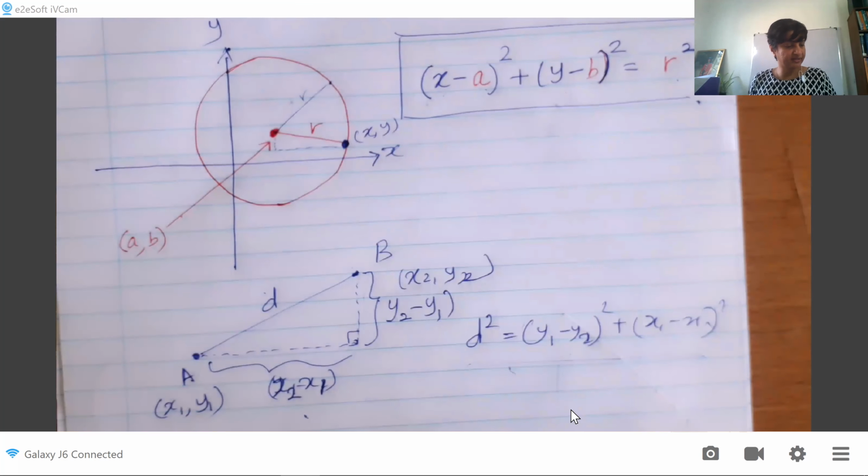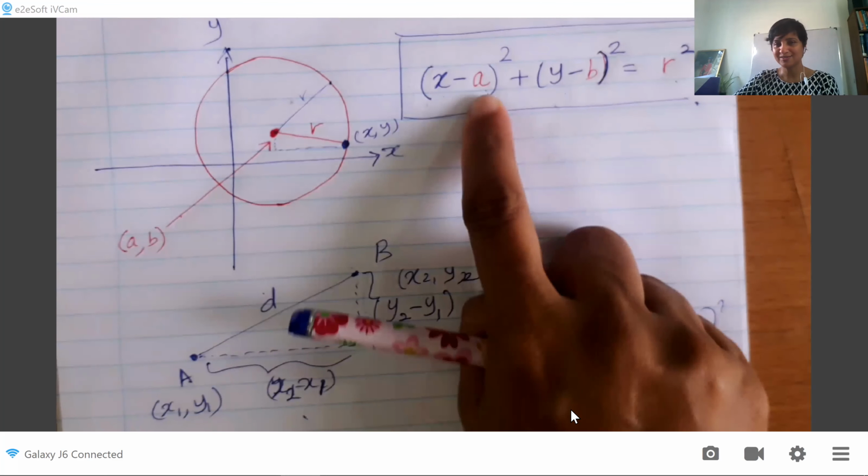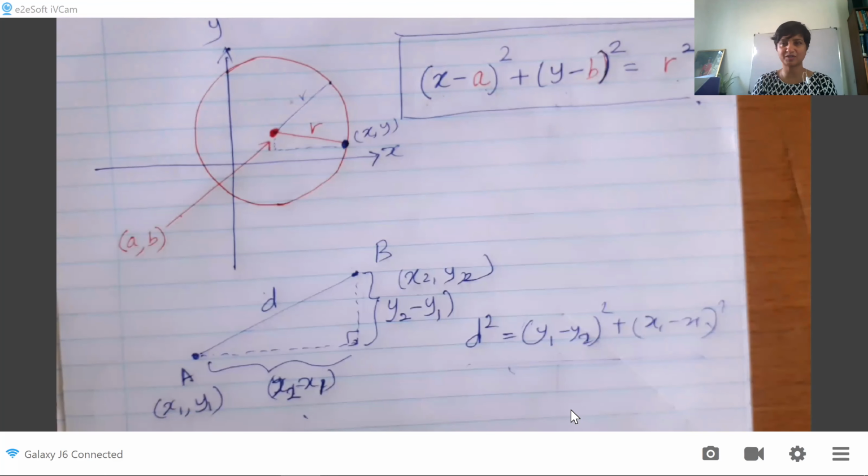Let's just write a little note. What happens if your circle happens to have its center at the origin? This equation reduces to something very short. Bring the circle so that its center is on the origin, so that the center coordinates are 0, 0, then a is 0, b is 0, and this reduces to just x squared plus y squared equals r squared, whatever r is.